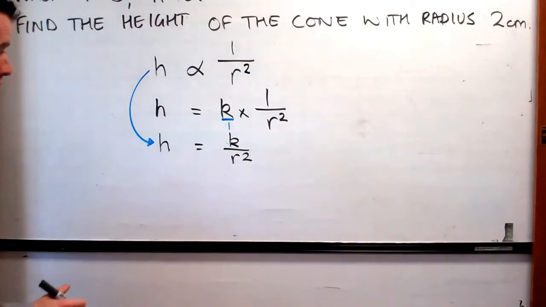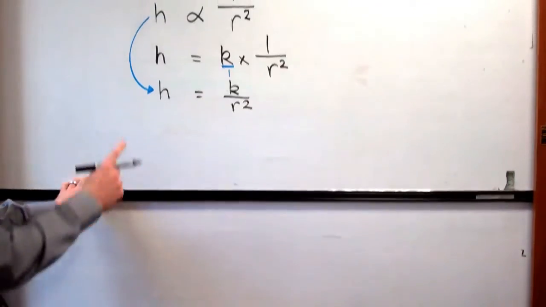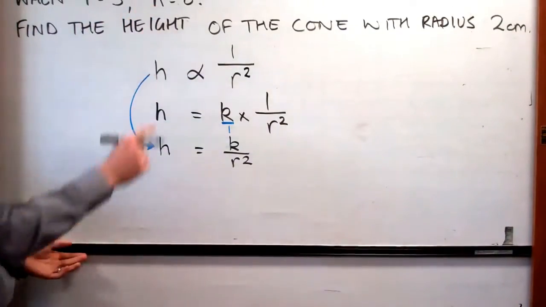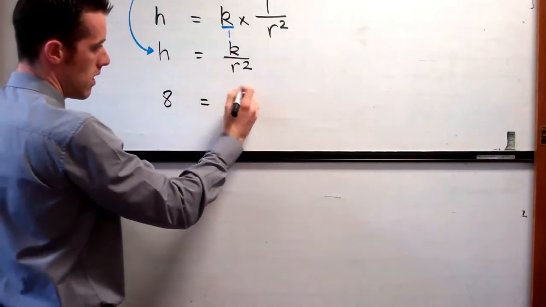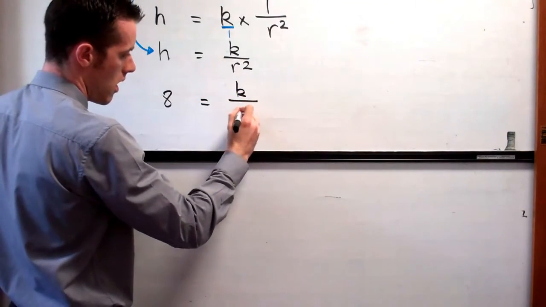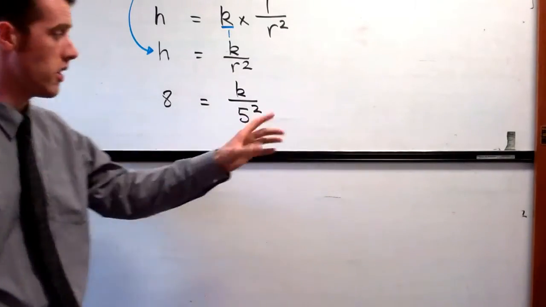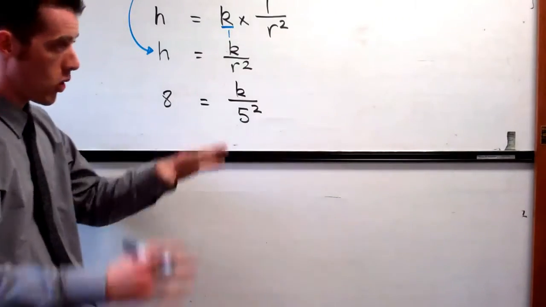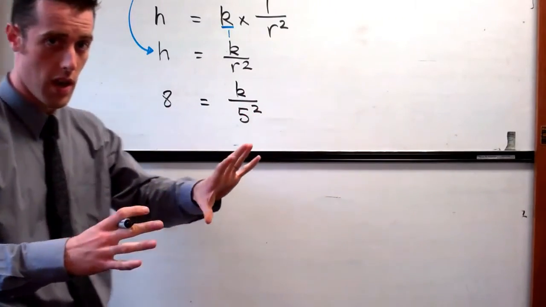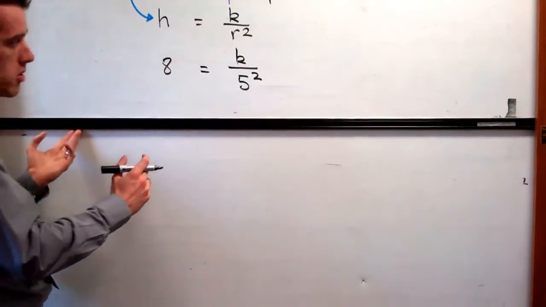Now we've got the opportunity to put in some numbers. So we're told up here that r is 5 and h is 8, right? So h is 8, r is 5. Now remember, we are finding k. We want to find out what the factor is, what the constant is that's causing this inverse proportion to happen. So we're trying to find out k first of all, right?